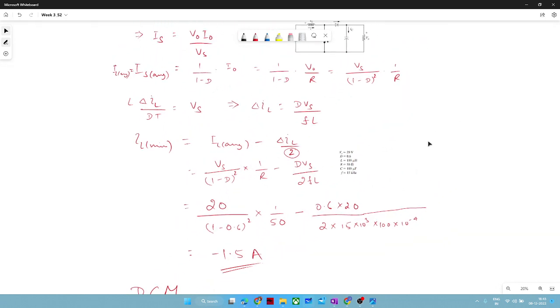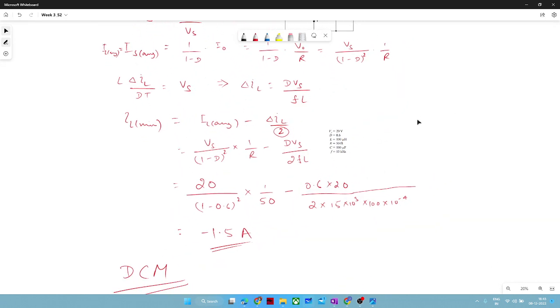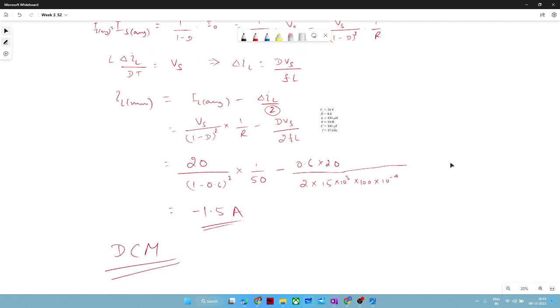If you are not given any other information, then you just need to go with the basics, and find out if your minimum value of inductor current is less than 0. In other terms, if the ripple value of your inductor current is higher than the maximum value of inductor current, then your converter is operating in DCM mode. So is it justified, Asif?